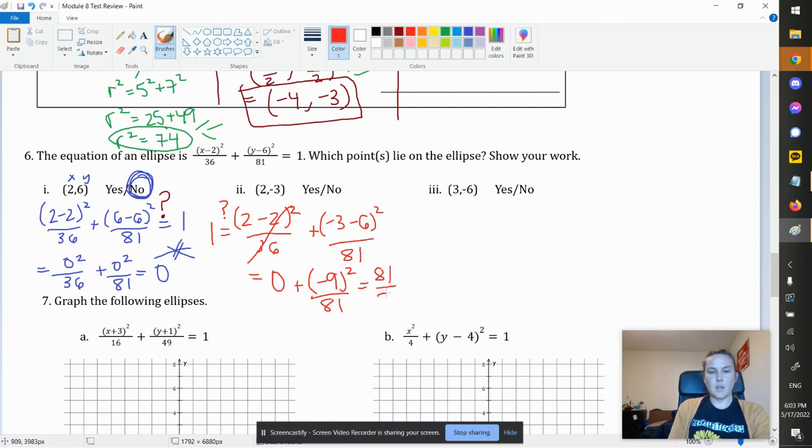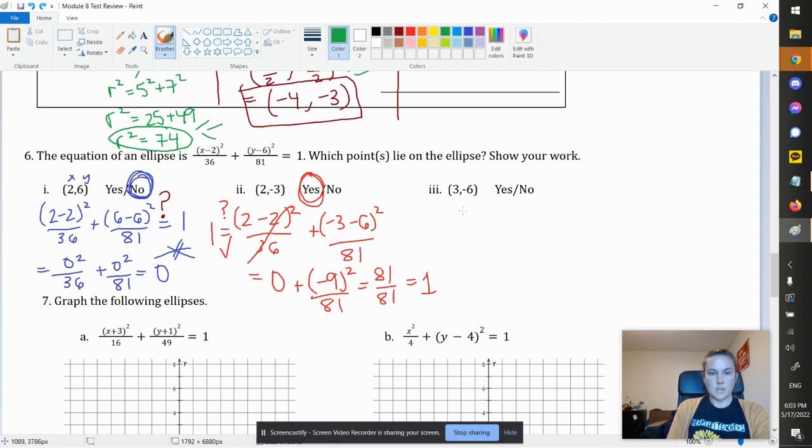Negative 9 squared is 81. And 81 over 81 is 1. So yes, this is on the line. Another way we could have found this one is that if we graphed this, the center is 2 comma 6 right here. And this is the point that is 9 below the center, which is what we should expect from this 81. Should do all this though.